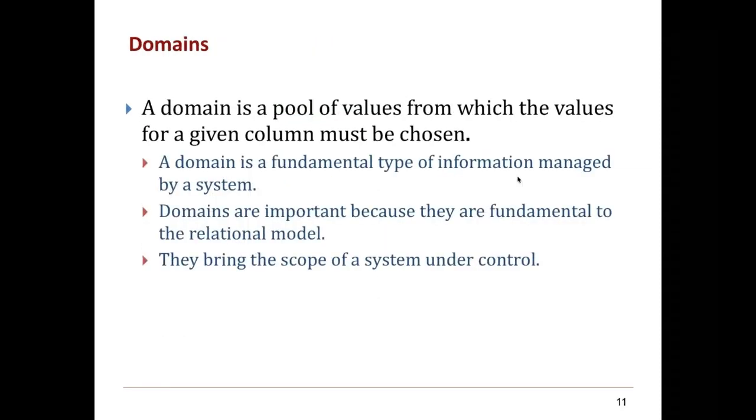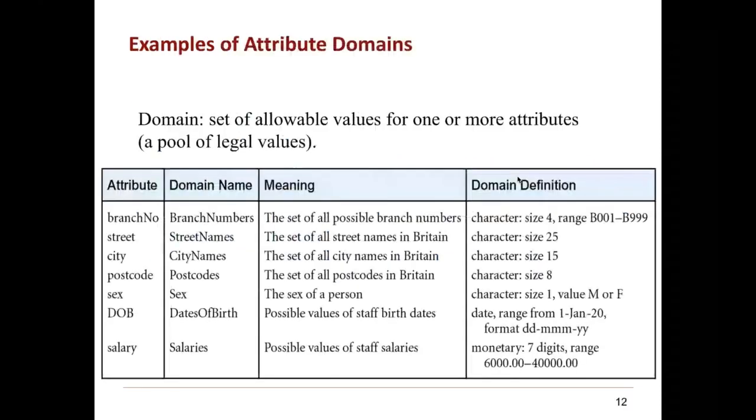Okay, domain, as we already saw the concept of the domain. Here are some very interesting examples of possible domains. The first example is city. For city, we will say that the domain is characters, because I do not know any city where there are digits in the name of the city.